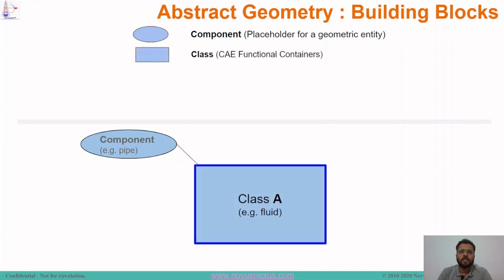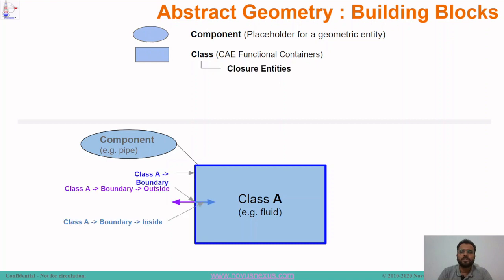As discussed earlier, the class represents a geometric entity which has a dimension but no shape. The class can be a volume, surface, curve or point. You can relate the class with CFD physics. For example, a fluid class will represent a three-dimensional fluid space.